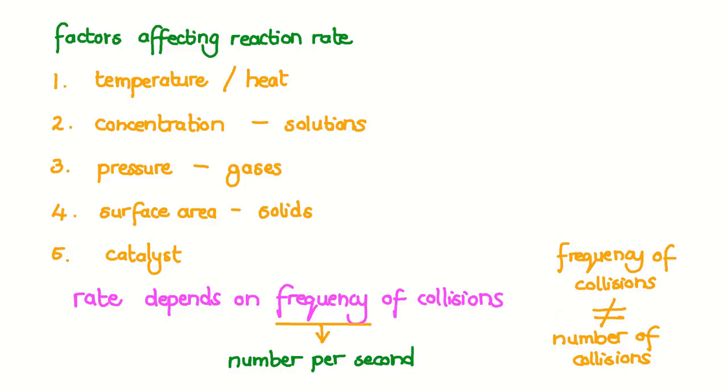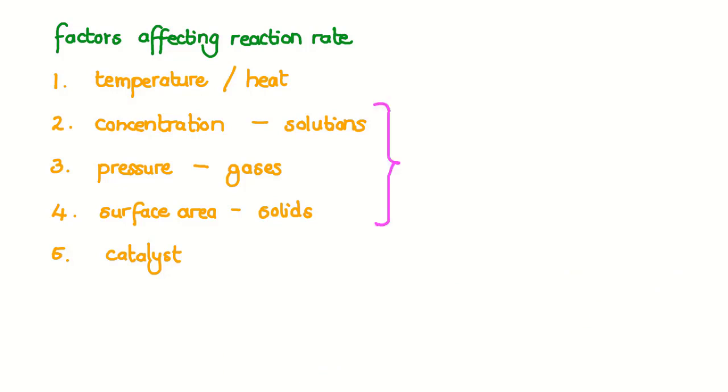So when we talk about factors increasing or decreasing the reaction rate, we talk about the frequency of the collisions being affected, not the number of collisions being affected. In this video, we will focus on how concentration, pressure, and surface area affect the frequency of collisions and thus the rate of a reaction.